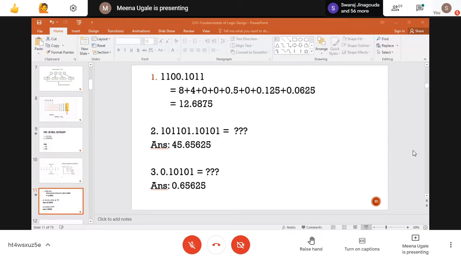I am multiplying 1 by 2 raised to minus 1, then 0, then 1 by 2 raised to minus 3, and so on. Then I am getting the final answer. Adding up, I will get the final decimal number 12.6875. I have not written the 2 raised to minus 1 and minus 2 steps, but you can understand that.